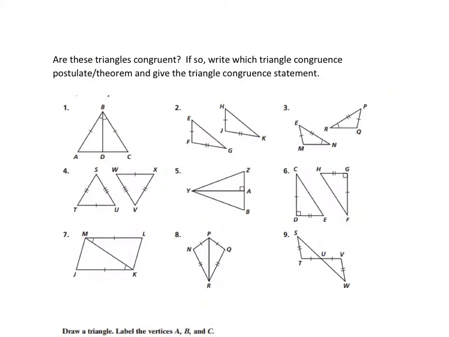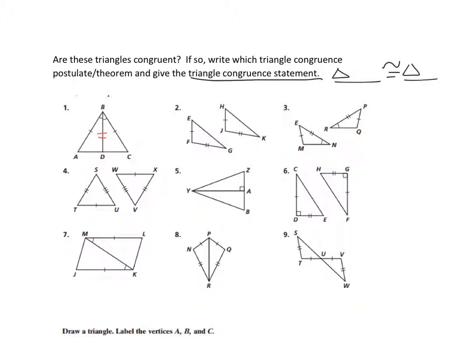Okay, are these triangles congruent? If so, write which triangle congruence postulate or theorem and give the triangle congruence statement. So the triangle congruence statement is saying this triangle is congruent to this triangle. So the first one, I'm always looking for vertical angles and sides that are the same, reflexive. So these two, BD is congruent to BD by reflexive.